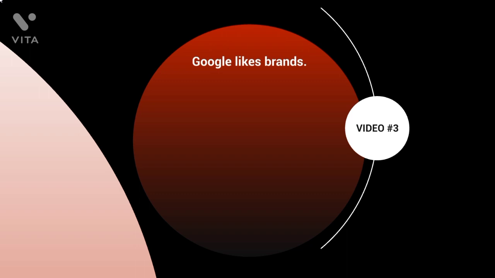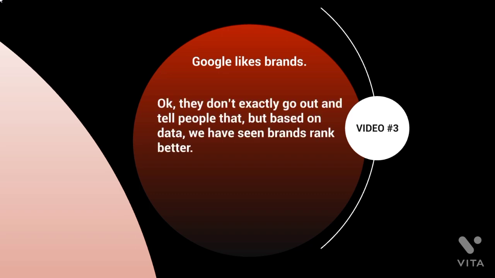Now, it's not necessarily that they particularly like brands because brands make a lot of money or anything like that, but we've realized there are certain variables that make a brand stand out. So they don't exactly go out and tell people that they like brands, but based on the data that we've seen, we have seen brands rank better.